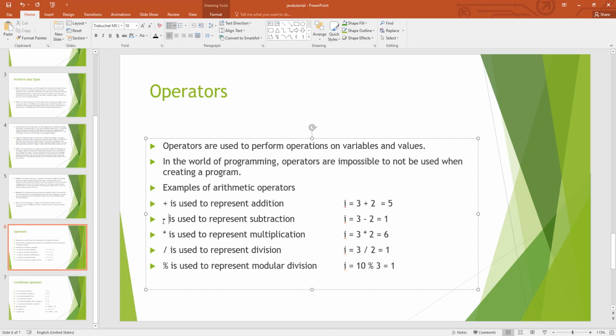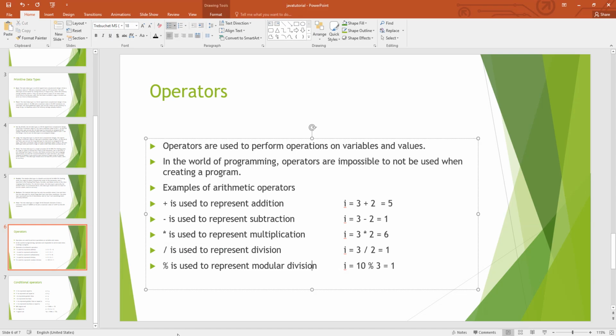The minus sign represents subtraction, so 3 minus 2 is 1. The star-shaped symbol represents multiplication, so 3 times 2 is equal to 6. The slash represents division, so 3 divided by 2 is 1. And percentage represents modular division. I'm going to discuss this right now.